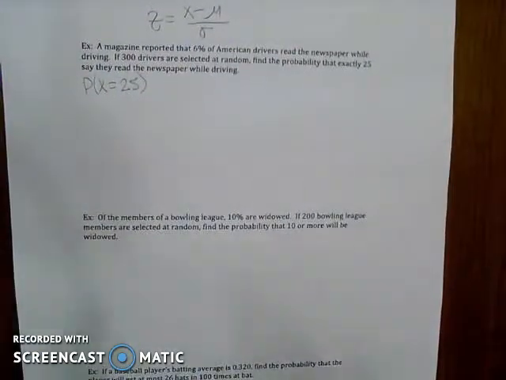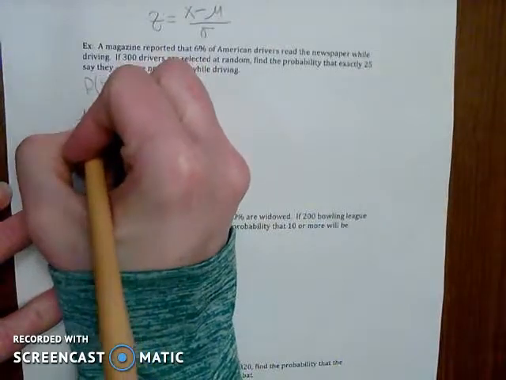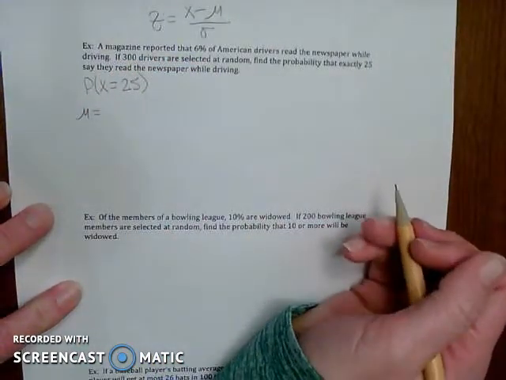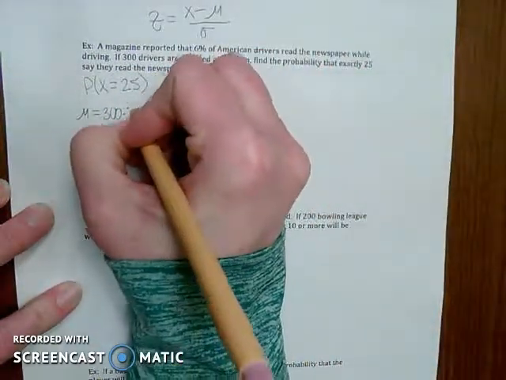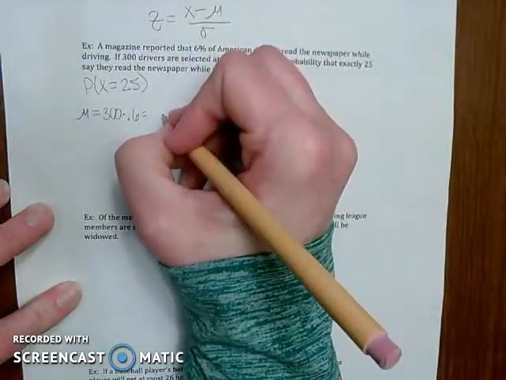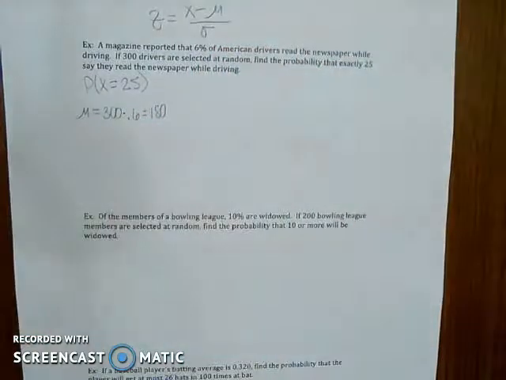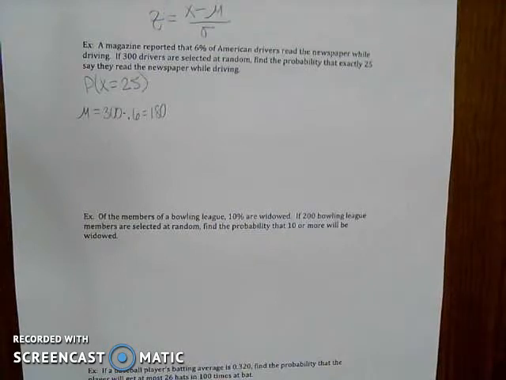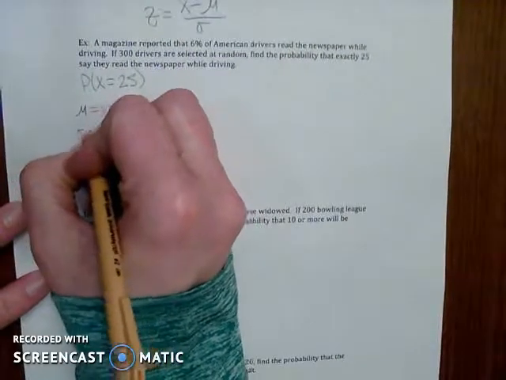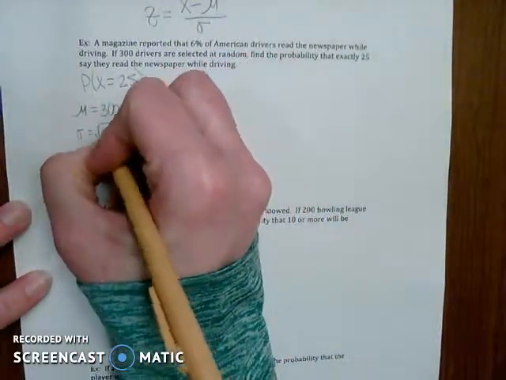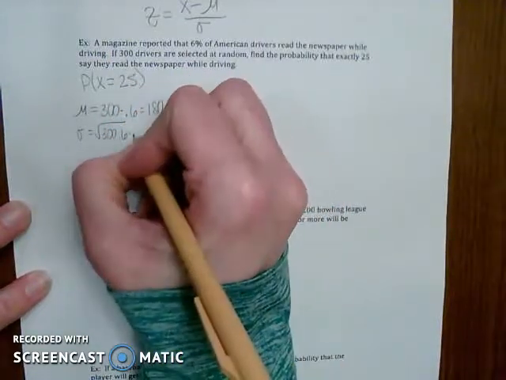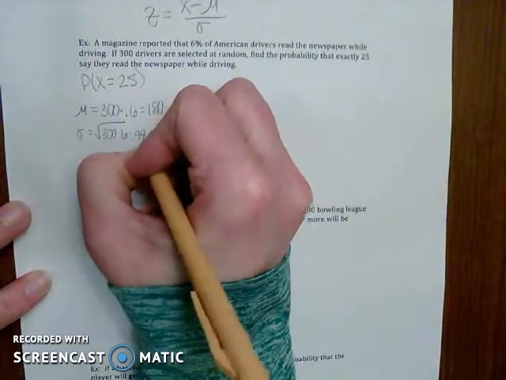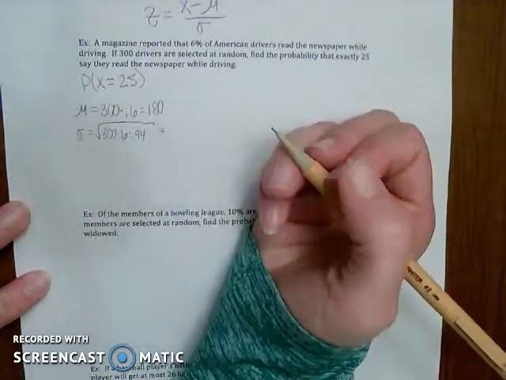And then we need our mean. Our mean is n times p. Well, we're asking 300 times 6%. That should give you 180. And then we need our standard deviation, which is the square root of 300 times 0.06 times 0.94, which is your q.